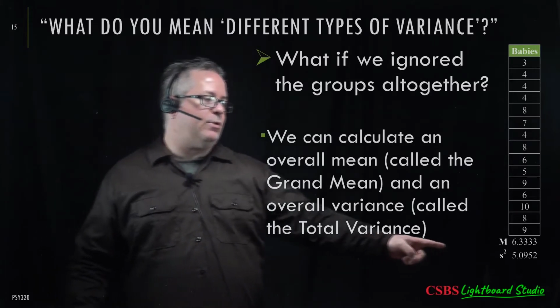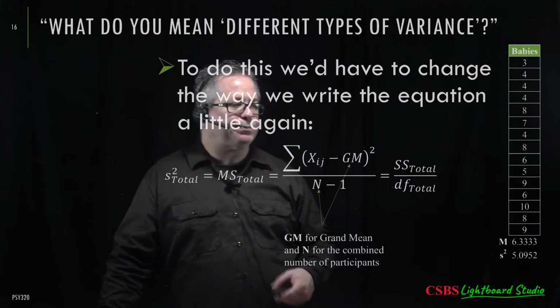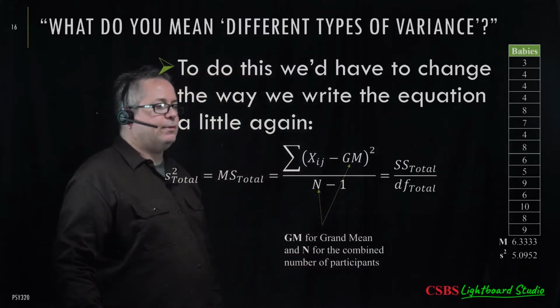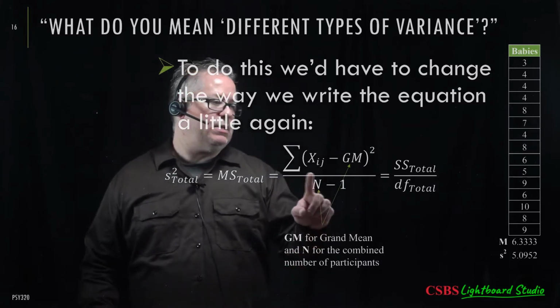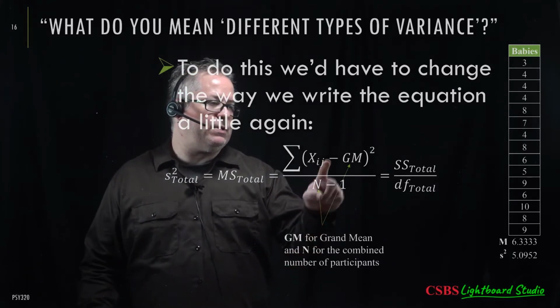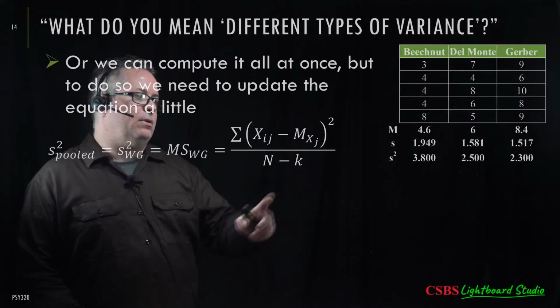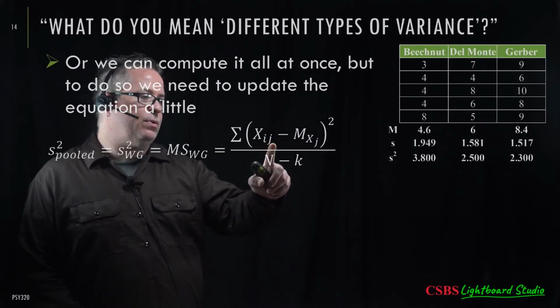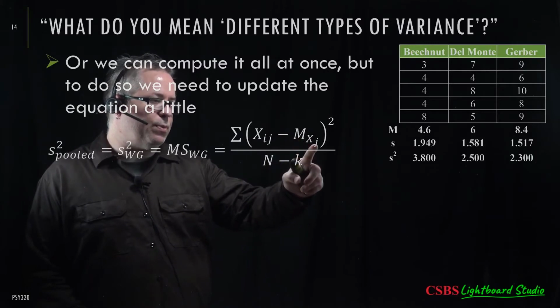So how do we go about calculating this and thinking about this in terms of the variance equation? Here, I want to compare this to the other one we just did. The first half is the same: it's each individual in each group. But back there, we subtracted out the mean of each group.